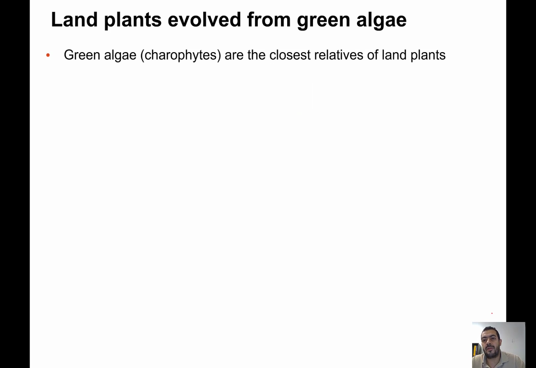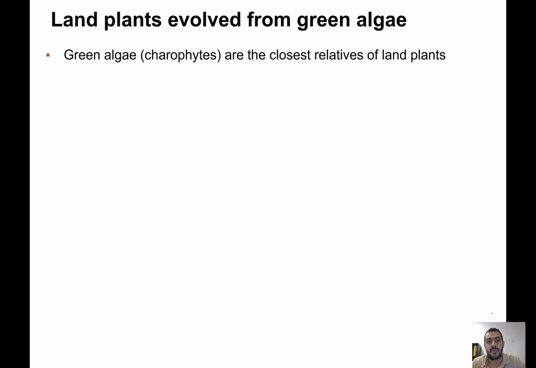So these are the main challenges that the plants faced by moving to live on land, and how they evolved structures or adaptation mechanisms to deal with these challenges. As we have already mentioned, the ancestor of the land plants is believed to be green algae.